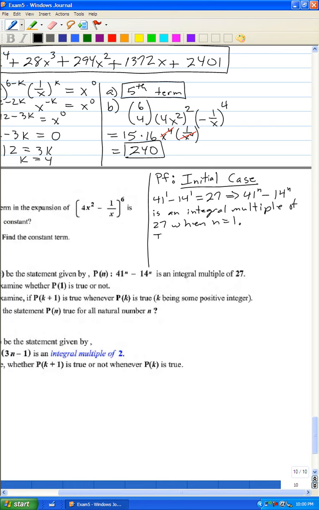Okay, so let's do the induction case. And so let's suppose that 41 to the k minus 14k is equal to 27a for some integer a.